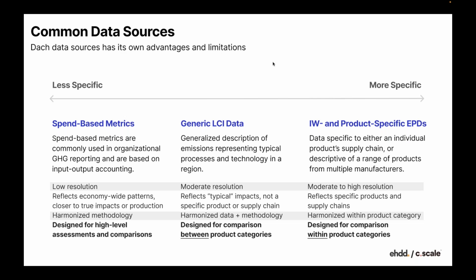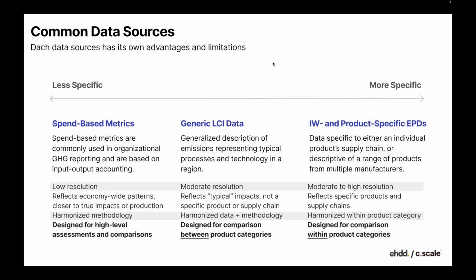And this is really useful for making comparisons between product categories. So, in the world we're living in now, we're going to use generic LCI data to do things like compare a wood building and a concrete building, because the wood and the concrete live in different product categories.